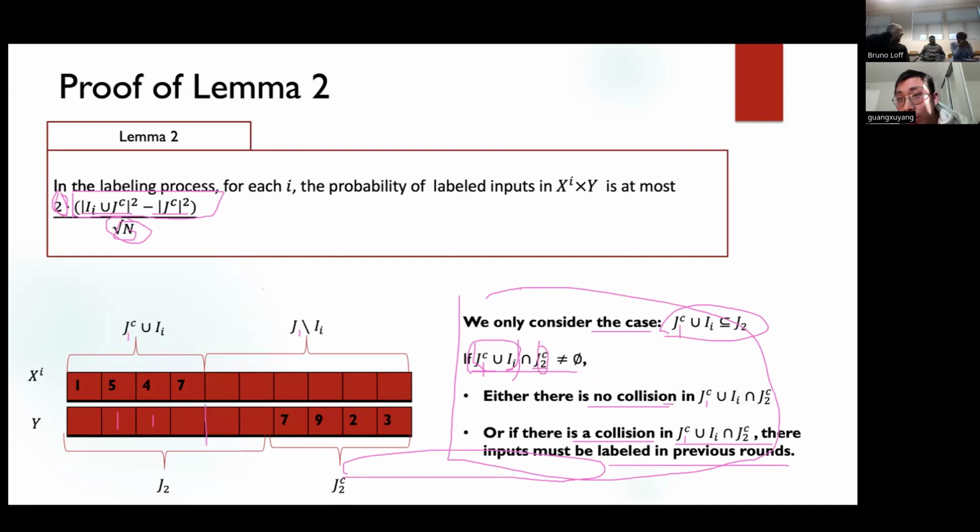You're saying any collision, both of whose indices are contained in the previously fixed indices without the I, has already been found. Exactly. If you have a collision in the intersection of these two, in particular both indices are in J2 complement, so they have been found before. Okay, cool. So this means we just consider this case. That means the condition in any part wasn't found in any earlier round where both were fixed.